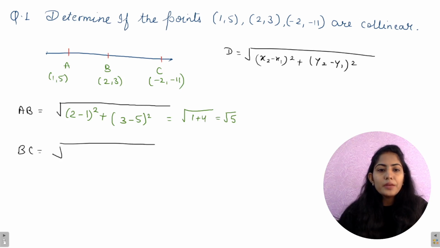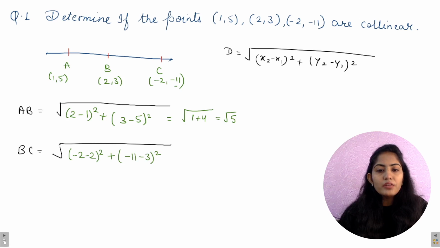Now come to the next point, let's find the distance between B and C. So here put the values. C is minus 2, and x1 will be 2, so minus 2 minus 2, plus y2 is minus 11 and y1 is minus 3.